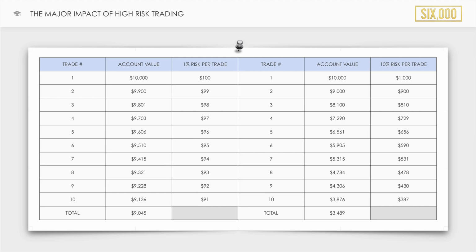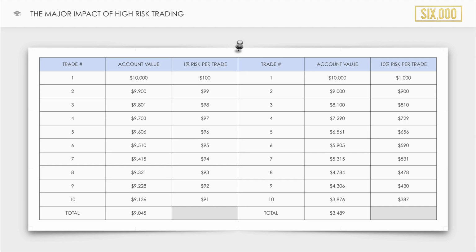At trade 10, you have $3,876. You risk $387, which is 10%. And at the end of that trading month, you now have $3,489 in your trading account.